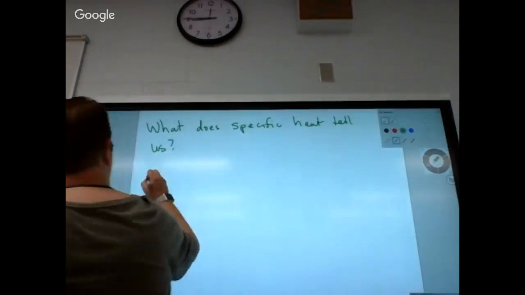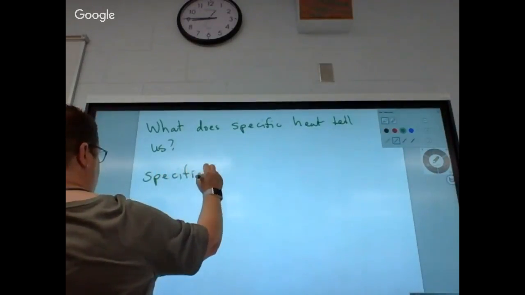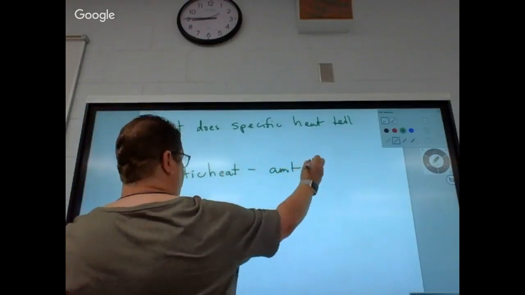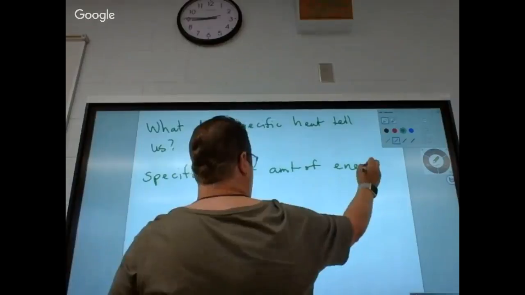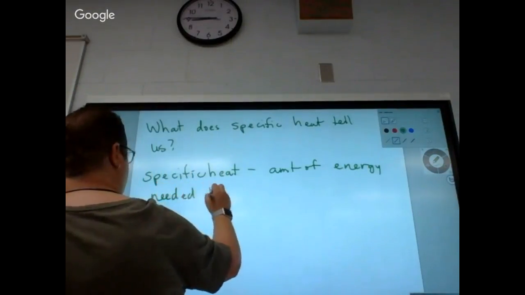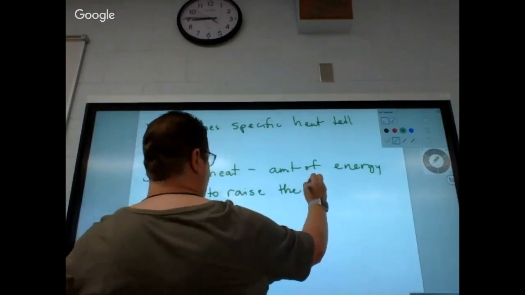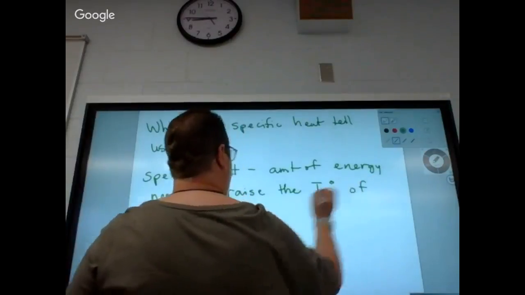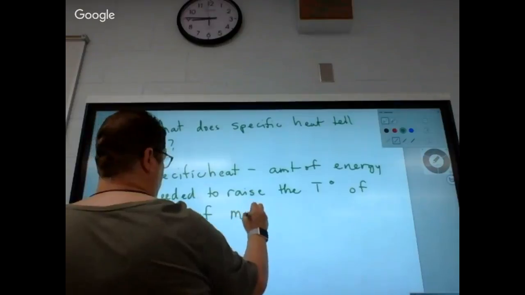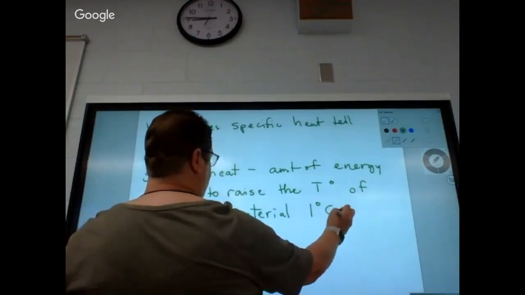All right, first of all, the definition for specific heat is the amount of energy needed to raise the temperature of 1 gram of material 1 degree Celsius.